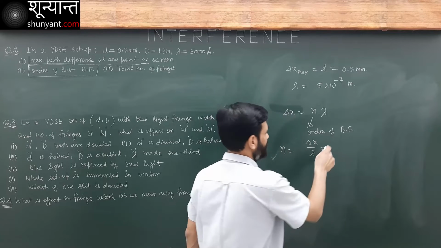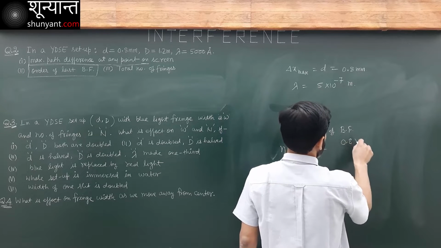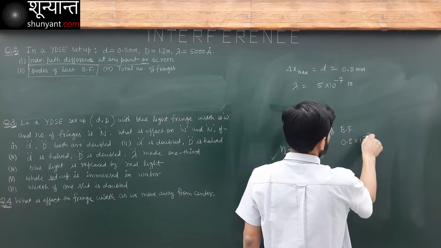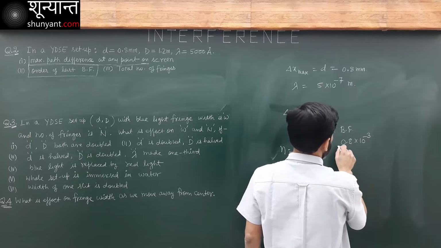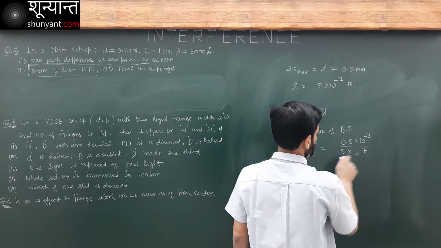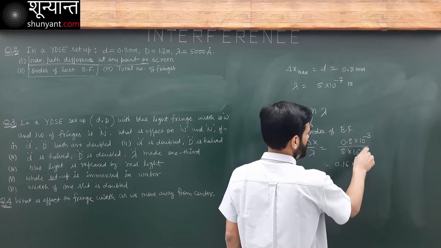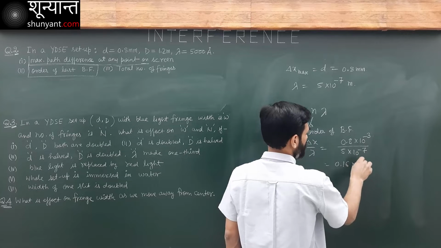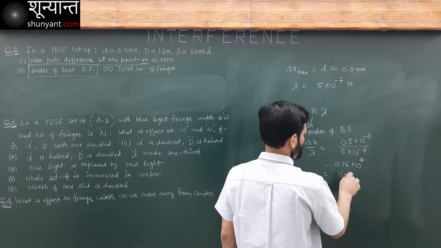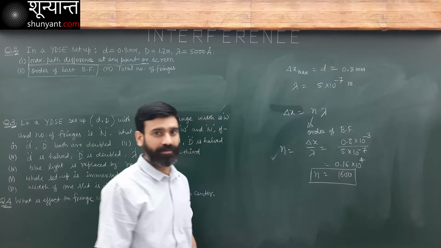That means 0.8 into 10 to the minus 3 over 5 into 10 to the minus 7. This will be 0.16 into 10 to the 4. This becomes 1600.